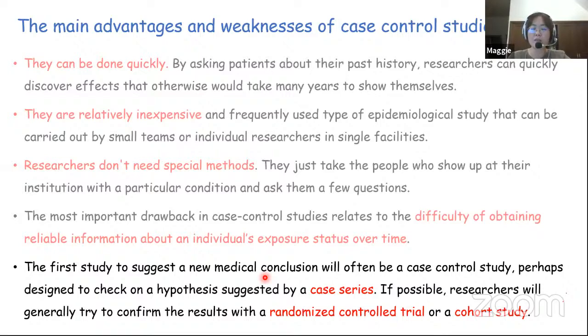So usually for clinical studies, the case control study could be the first step to get the potential hypothesis, the possible mechanism of the disease. They usually are the first step for the study. So although they have disadvantages, they are still very important in clinical studies.